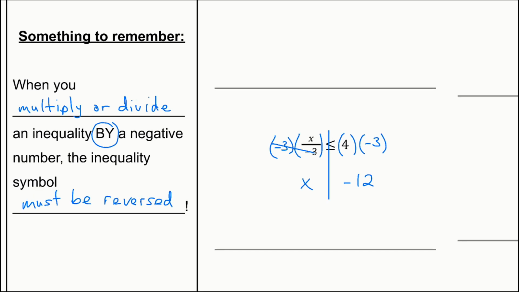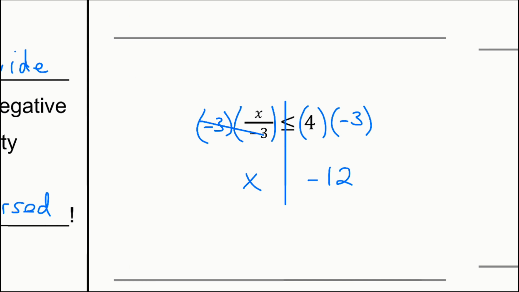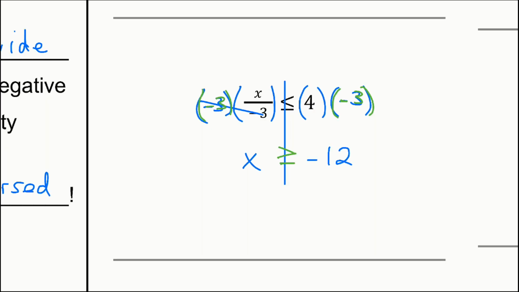Okay, so instead of this sentence using the inequality symbol less than or equal to, it's now going to read greater than or equal to, because we are multiplying by a negative 3. That's why that inequality symbol reverses. Okay, now that's my solution.